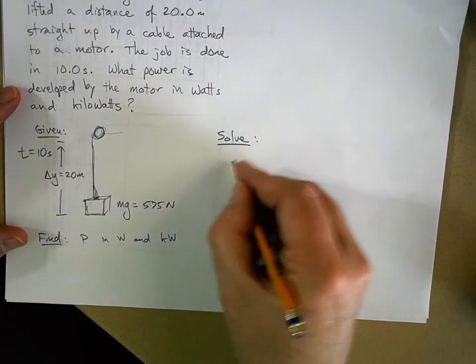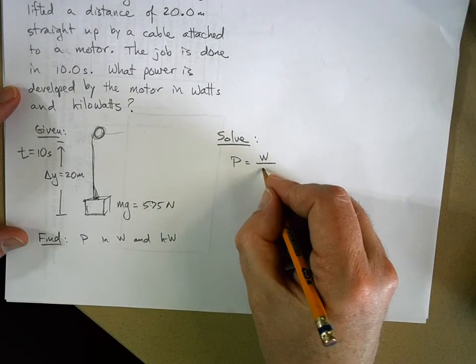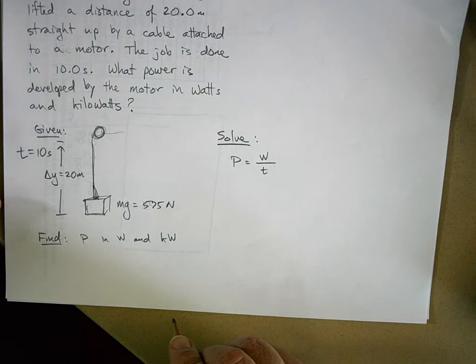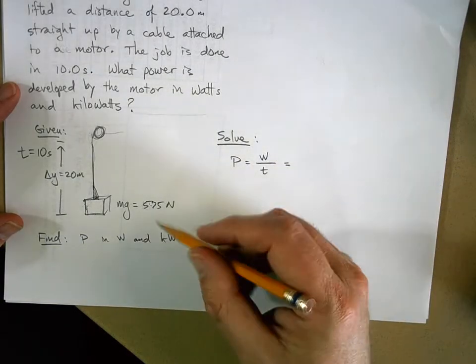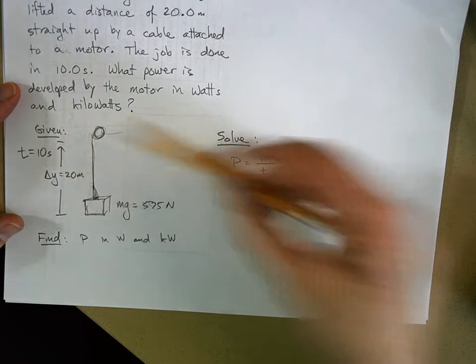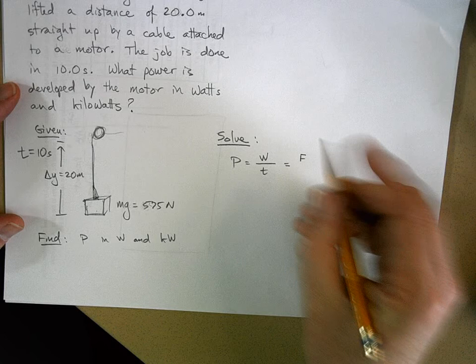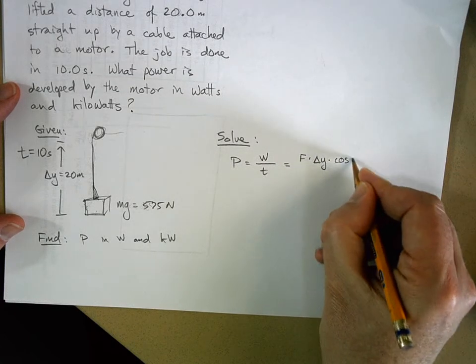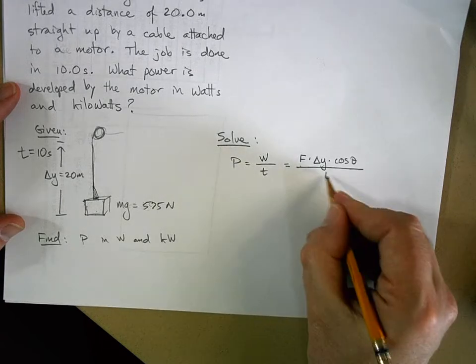So power equals the work done divided by the time it takes to do that work. And so we need to figure out how much work was done. Well, work is the force that you have to lift up times the displacement, in this case delta y, times the cosine of the angle between these two vectors divided by time.